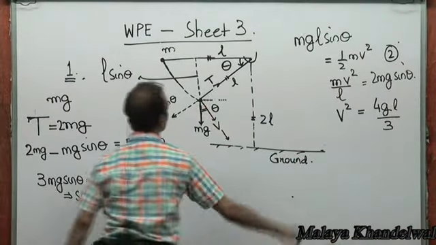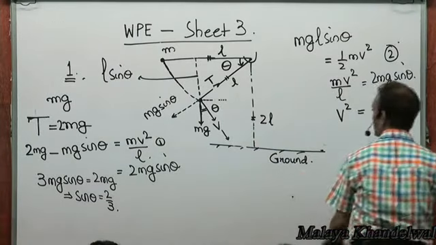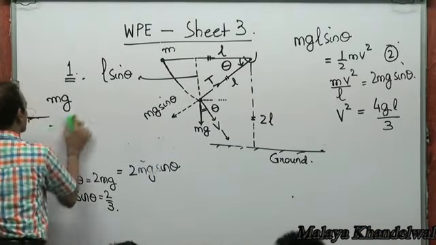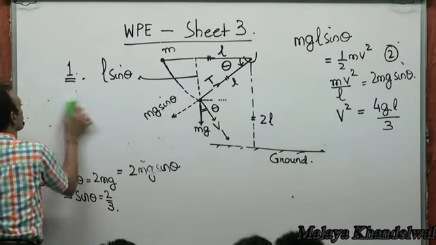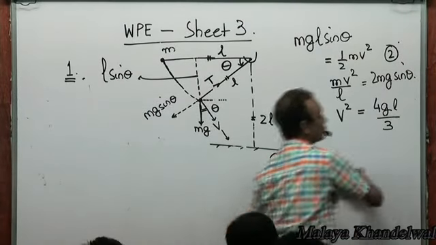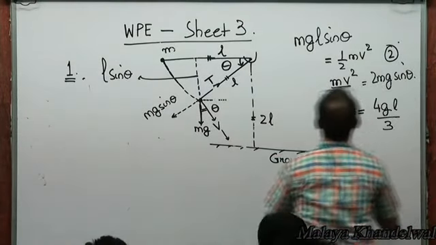Now, from this point onwards, what's the story? Can I remove the clutter from here and only retain what is relevant for the problem subsequently? Now, sine theta has turned out to be 2 by 3.